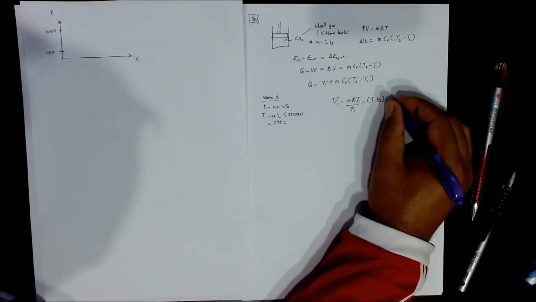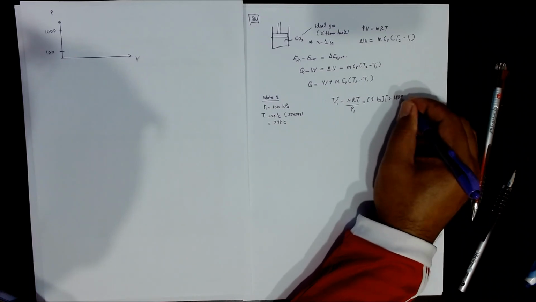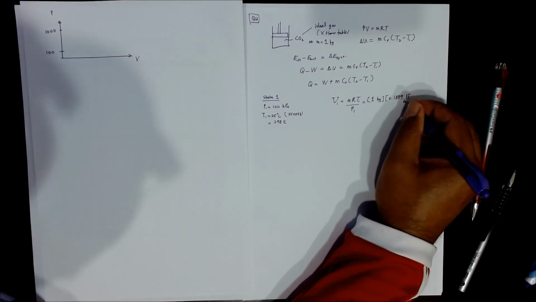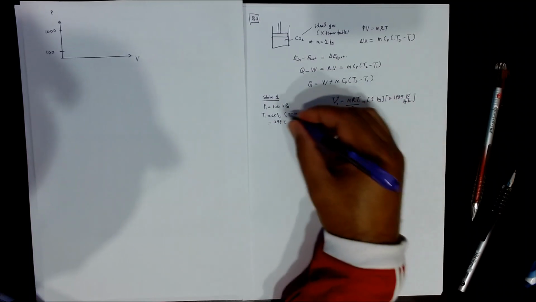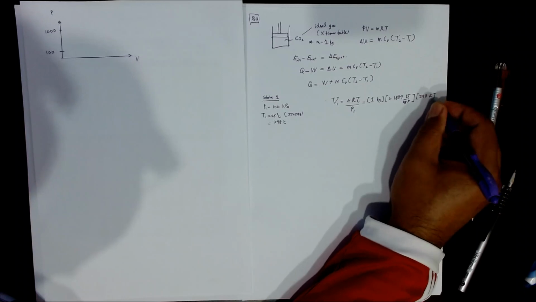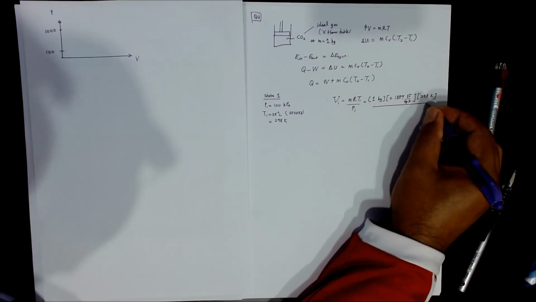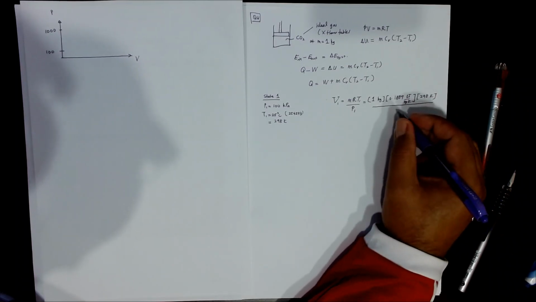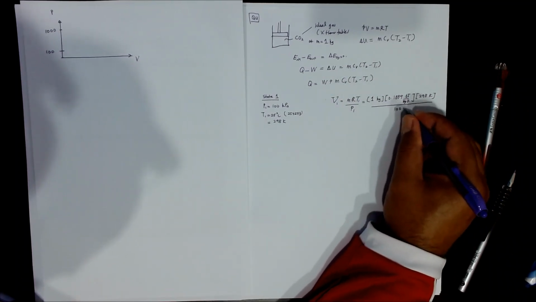R is 0.1889 kilojoule per kilogram Kelvin. The value of T1 should be in Kelvin, 298 Kelvin. P1 is 100, which must be in kilopascal.